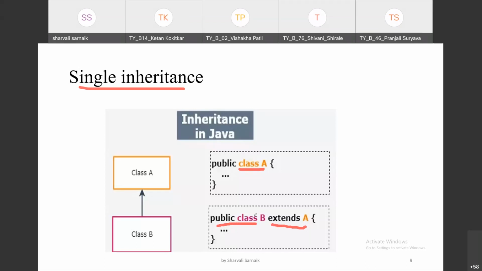That means class B wants to take the features from class A. So this is the simple example of single inheritance.